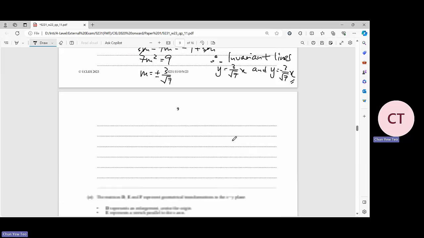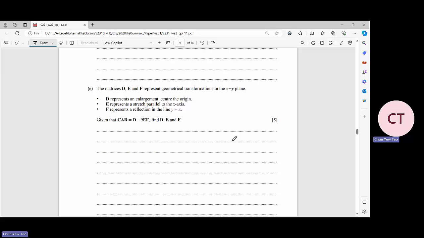Move on. Question C. The matrices DEF represent geometrical transformations in the XY plane, where D is an enlargement, enlargement center at the origin. Okay. Then E represents the stretch parallel to the x-axis.